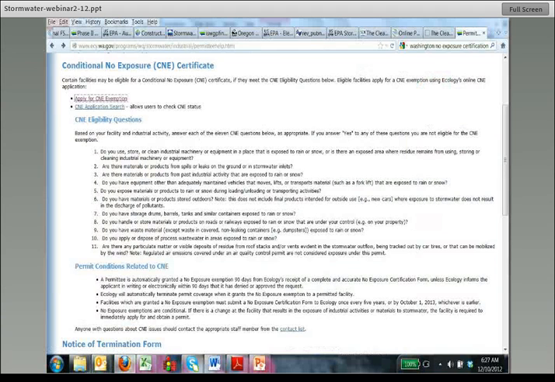They will look to see if they fit the categories, if they fit the case of no exposure. I'm going to flip forward and then I'll come back a couple places. This is from the State of Washington website, and this is where they allow you to pull out an application for what they call a conditional no exposure certificate.